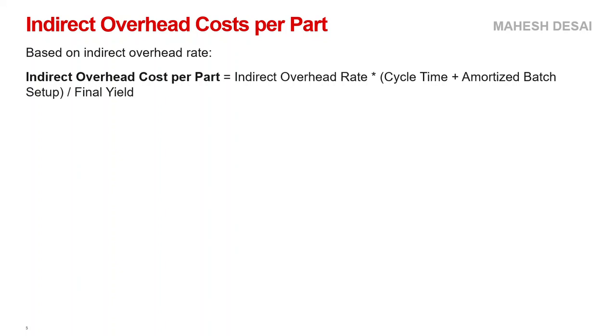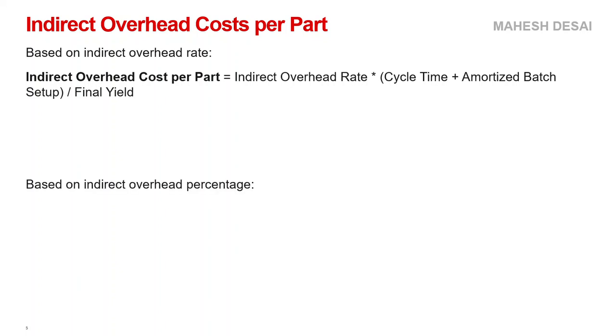When there is a change in batch and there is machine downtime, this downtime is amortized to each part. I will give this formula in later video sessions. Also, final yield is the utilization, so I will cover it in later video sessions.